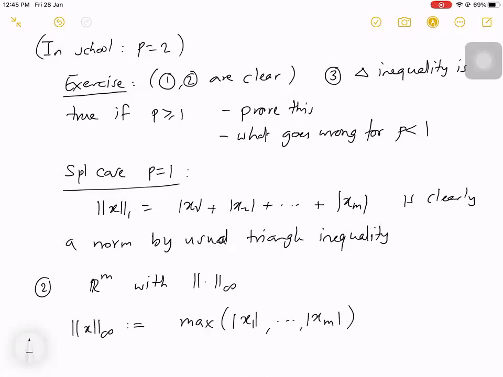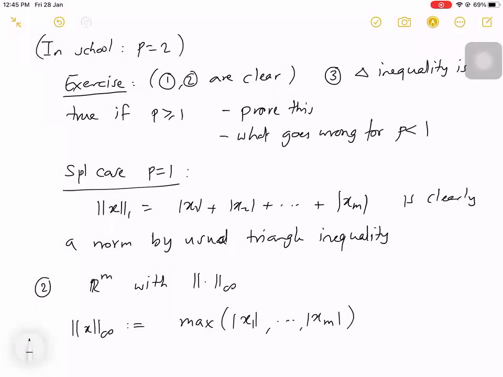All right, now I want everyone to just take a minute and see that this is actually a norm. Certainly I'm taking the maximum of a bunch of absolute values of numbers, so it is going to be non-negative. The only way this can be 0 is if all of them are 0, which will happen only if the vector is 0.